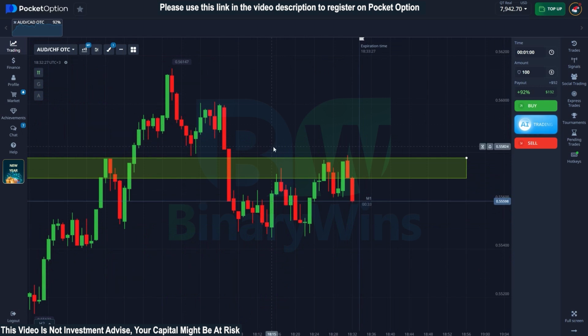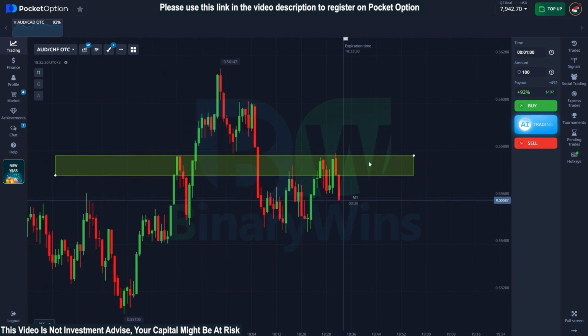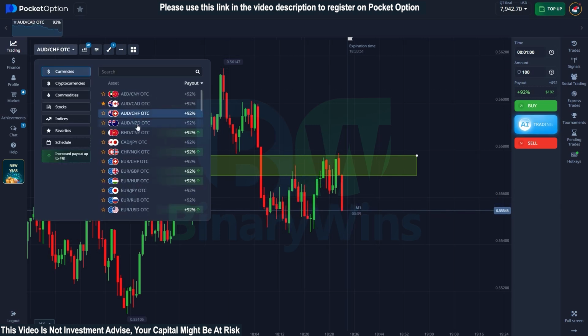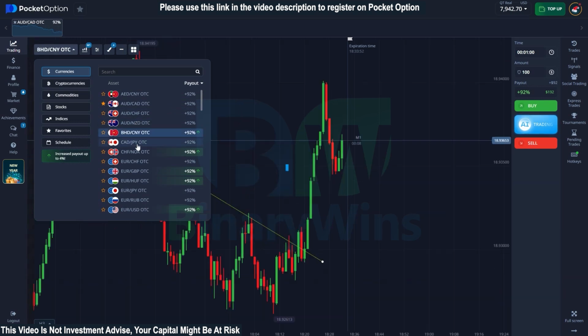Look, we have already had a trend reversal once, twice, and 3 times relative to this level. The more candles hit the level and the trend reverses, the more reliable that level is. Now, let's take the last trade.